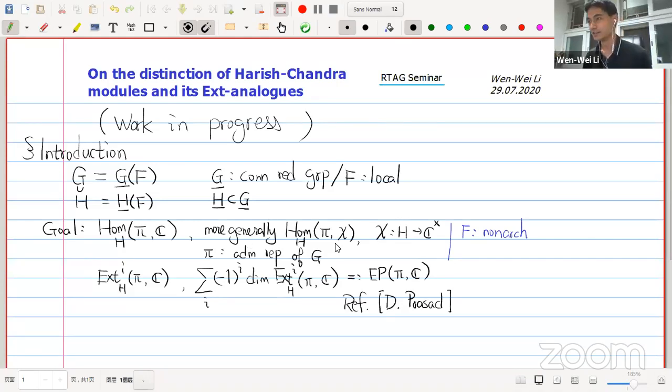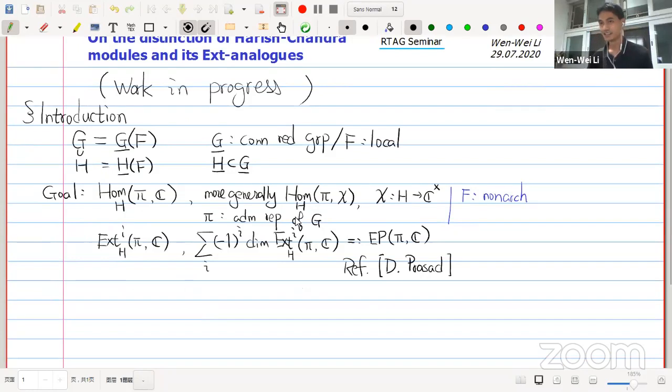Today my topic is about the Archimedean case. So let me now take F to be Archimedean. Maybe let's take F to be R. How to formulate the analogous question?